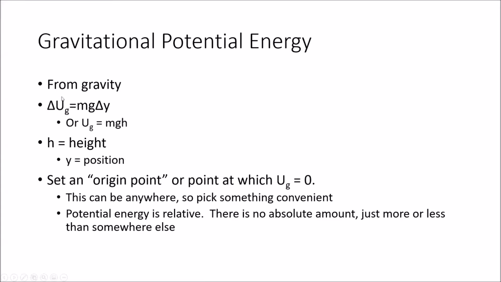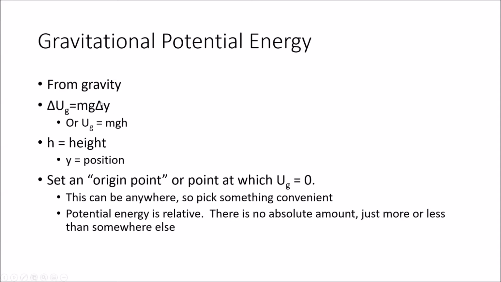The change in gravitational potential energy is equal to the mass of an object times the acceleration due to gravity, 9.8 meters per second squared, times the change in height. And it is very important to note here that g is a positive number.